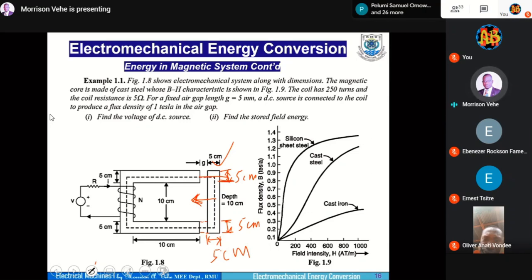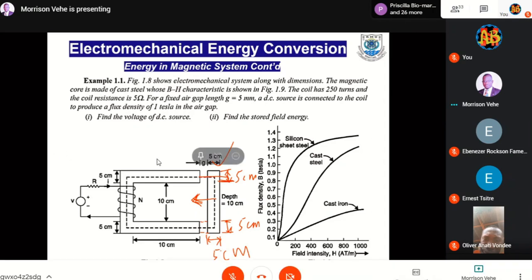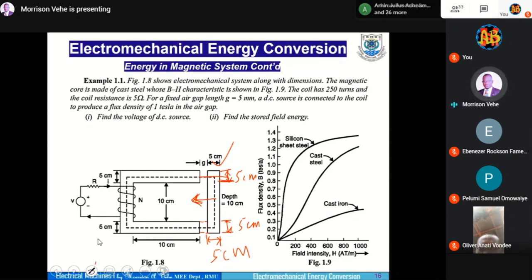You pass current, and when you pass current, what happens? It increases the flux. So the flux will increase, and once the flux increases, it will cause the movable part to move and be attracted to the core, as if it's a relay circuit. Okay.